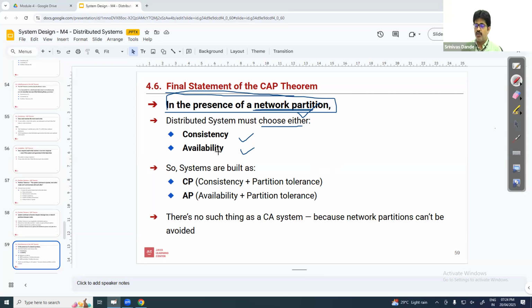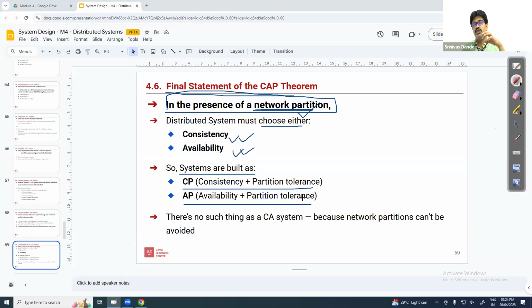So in the presence of network partitioning, partitioned nodes, a distributed system can choose either consistency or availability. It means the distributed systems which you are designing are either CP or AP.